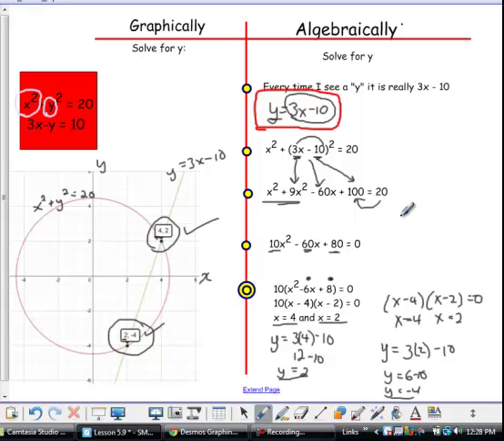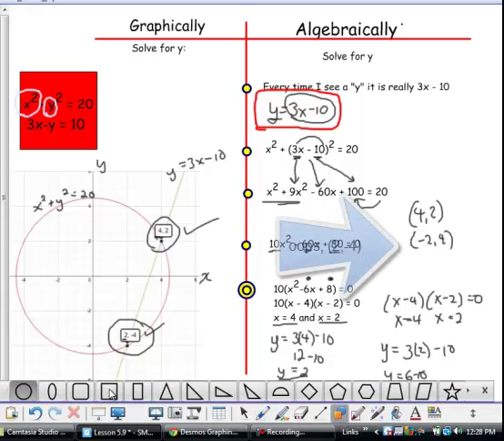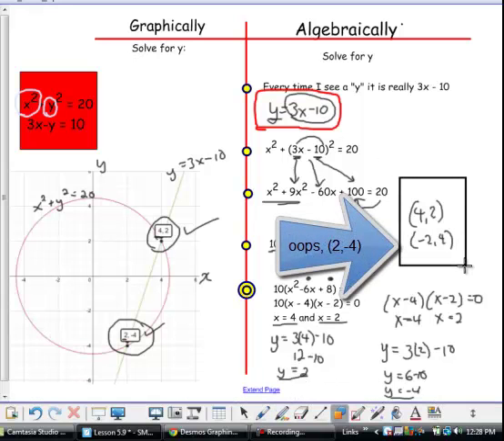Check. So algebraically, the only other thing I'd have to do is conveniently state my answers. So they cross at the point 4, 2, and they cross at the point negative 2, 4. And those would be my answers that I would box off nice and lovely on my regions.